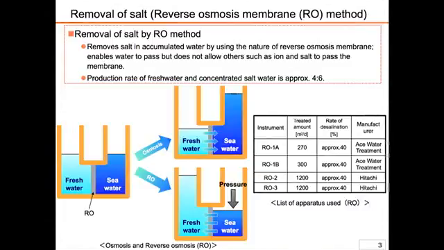Basically, this is the desalination plant by the RO membrane system. This is very popular as a facility for transforming seawater into fresh water. Generally, fresh water is delivered to the seawater side to equalize the density of salt when we separate the seawater and fresh water with the RO membrane.